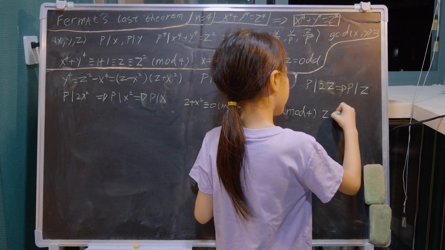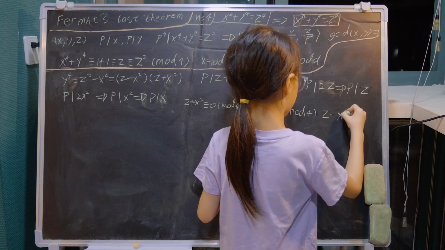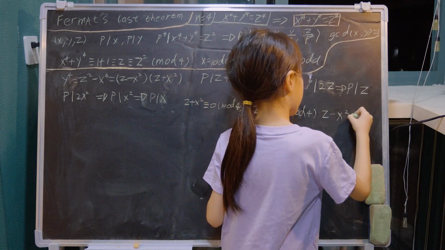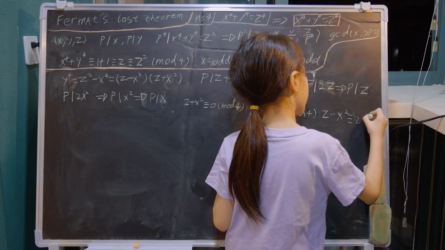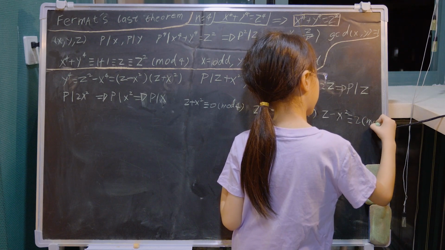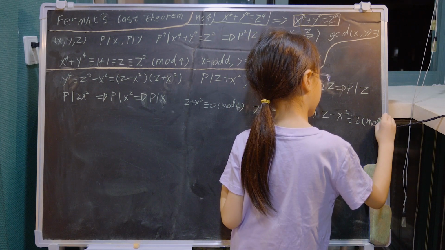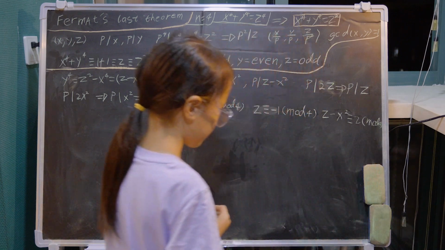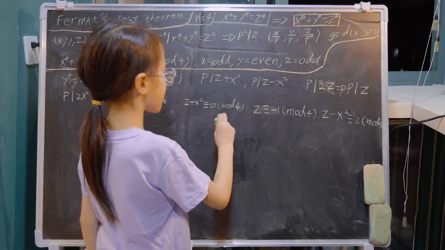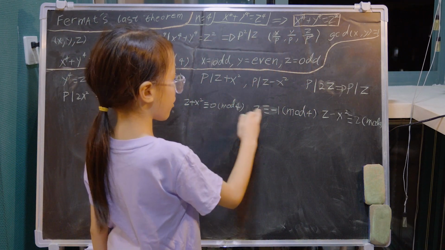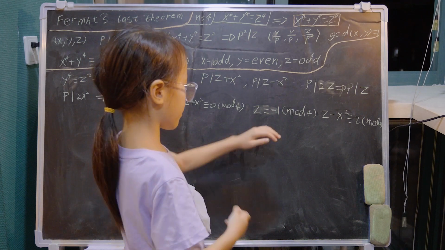So we know that tells us c minus x squared is congruent to something mod 4. Why is that? Because this is congruent to 0 and this is congruent to 1 and -1.